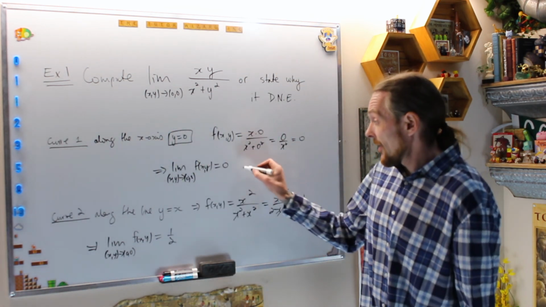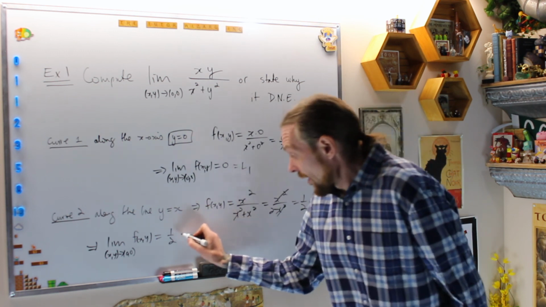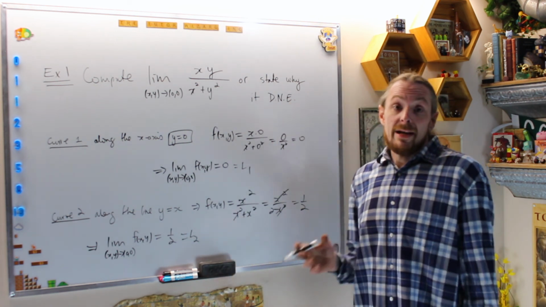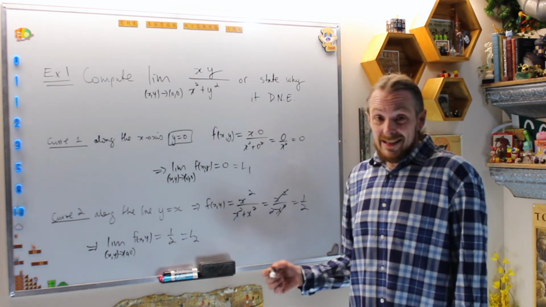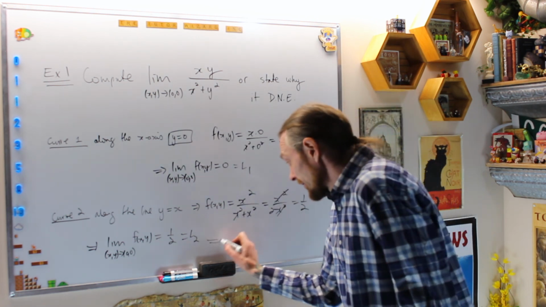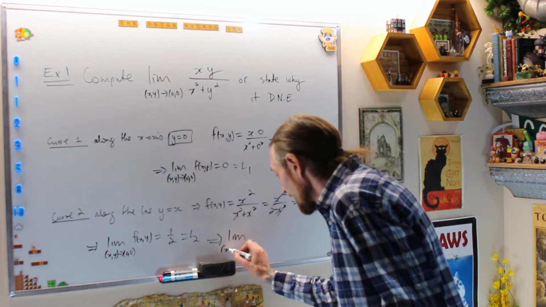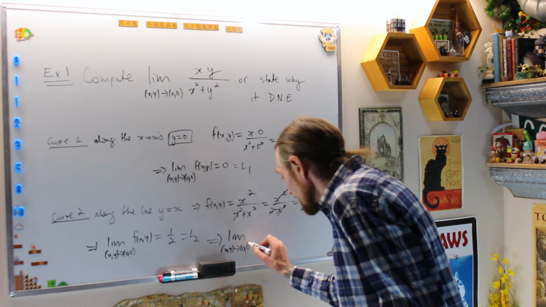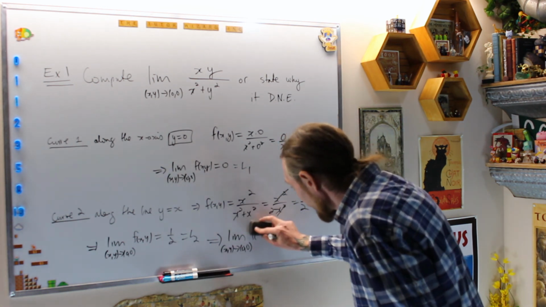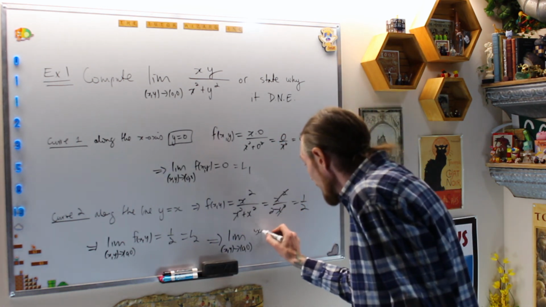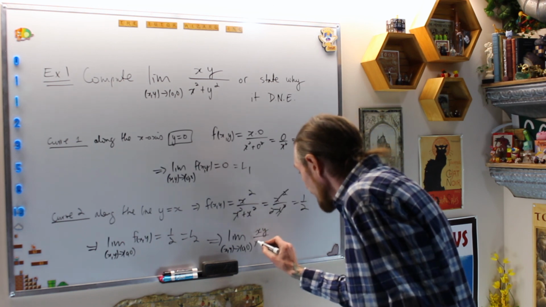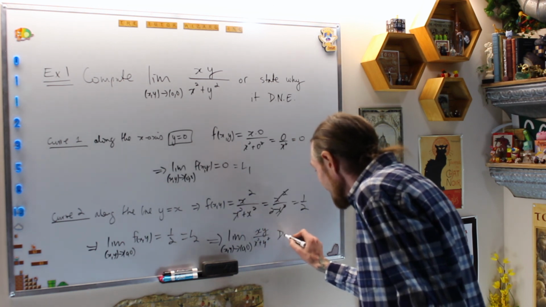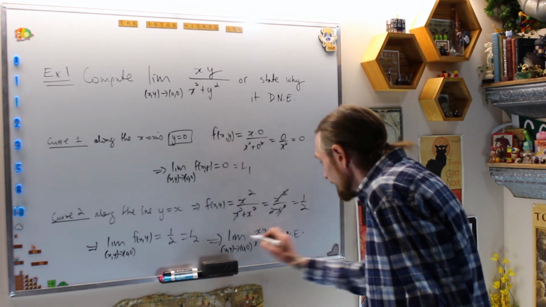What that says is I've got a limit L1 and then a limit L2, and 1/2 doesn't equal 0. And what that says, by the theorem, is that the limit as (x, y) approaches (0, 0) of our function, xy over x squared plus y squared, does not exist.